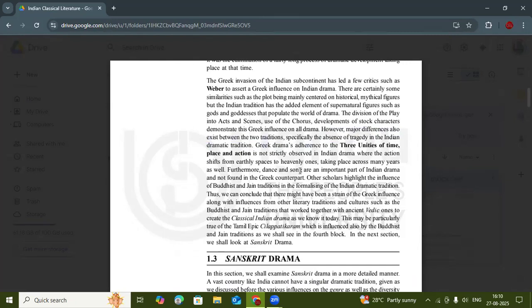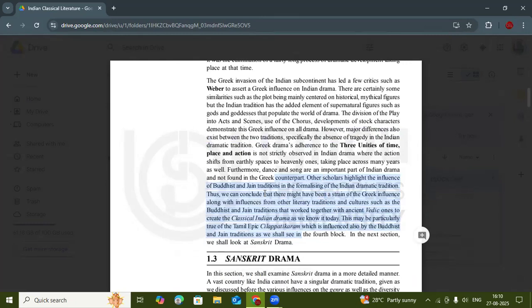So the final one was, just now we talked about the three unities in Greek drama, the unities of time, place, and action, which are not strictly observed in Indian drama. Also, in Indian drama you have dance and song, but that is not found in the Greek counterpart. Other scholars highlight the influence of Buddhist and Jain traditions in the formalizing of the Indian dramatic tradition.